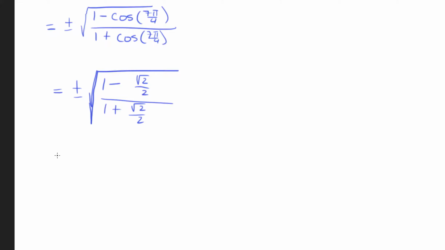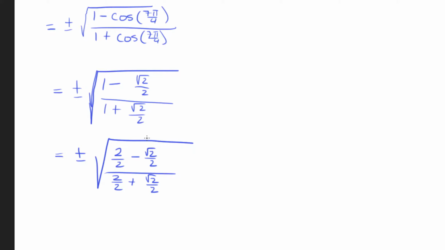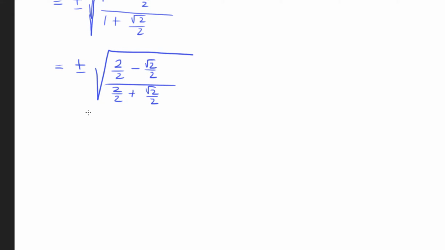Okay. Now, plus or minus radical. Well, again, you will need a common denominator. So it'll be 2 over 2. So 2 over 2 minus radical 2 over 2, over 2 over 2 plus radical 2 over 2. Now I know it gets a little uncomfortable because you're working inside a radical, but that's how you do it.